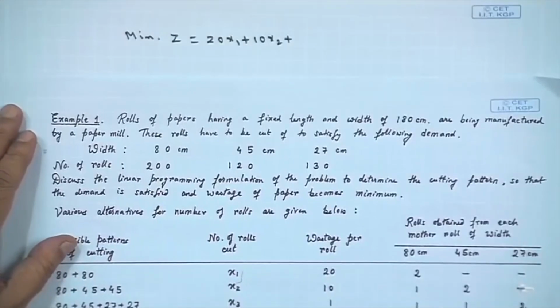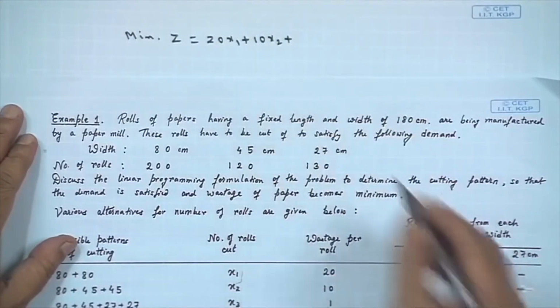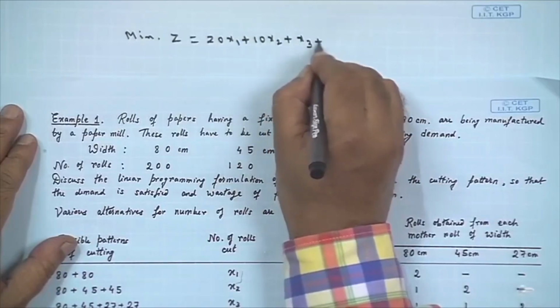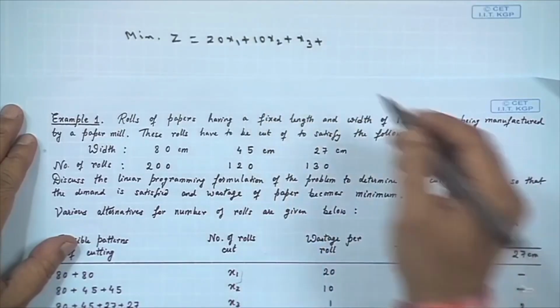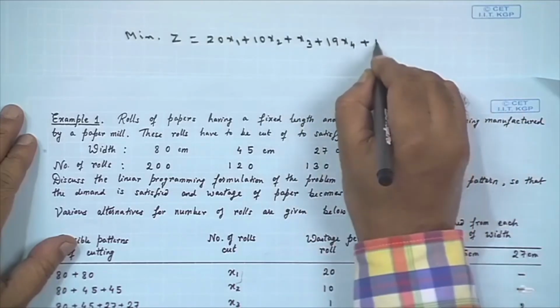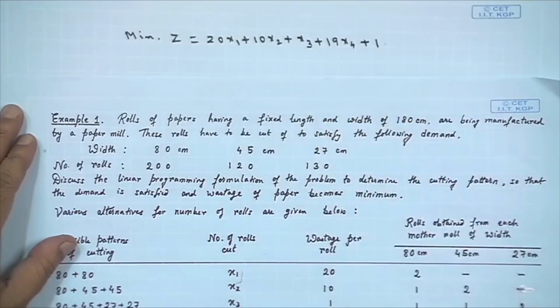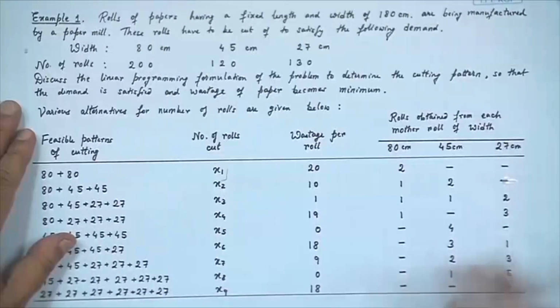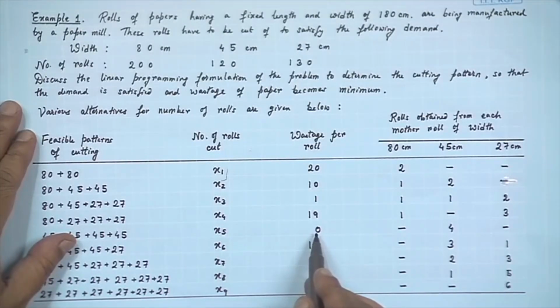So, I am writing directly now: plus x3 plus 19 x4 plus 18... here, for x5 the wastage is 0. So, 0 into x5, that we are not including because it will be 0.